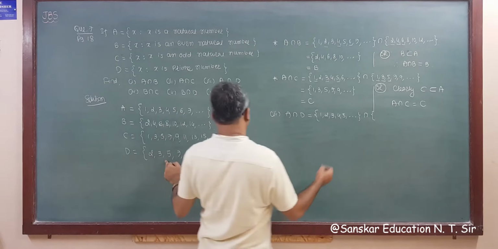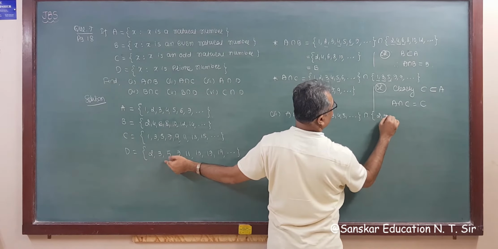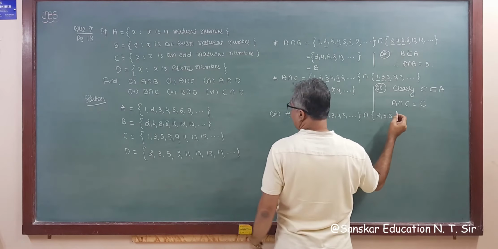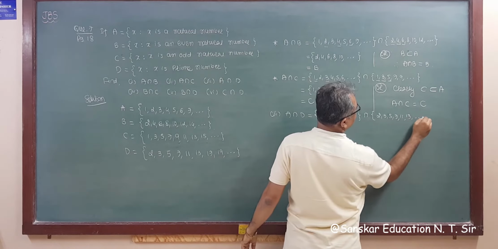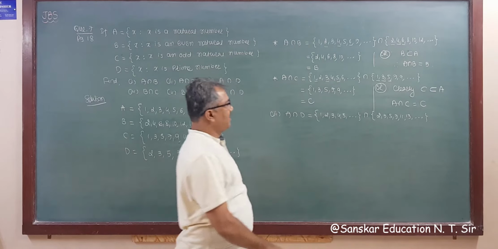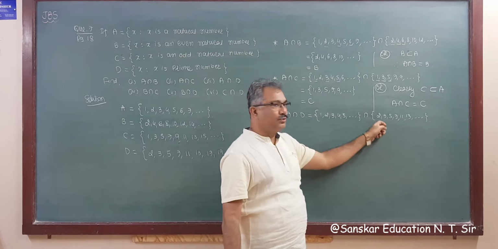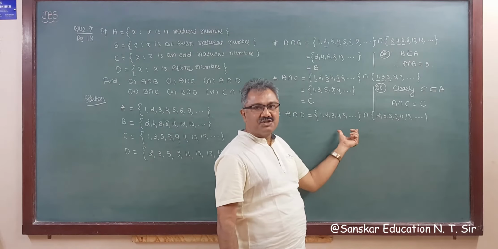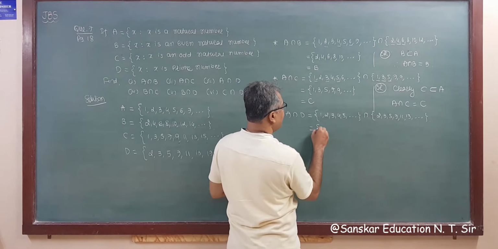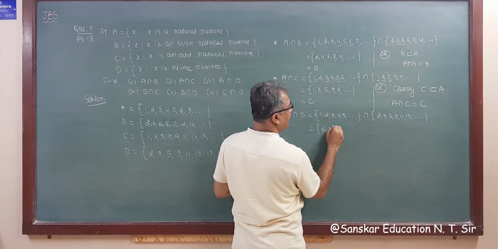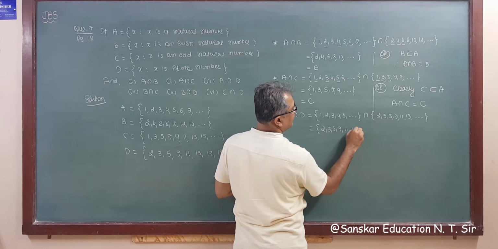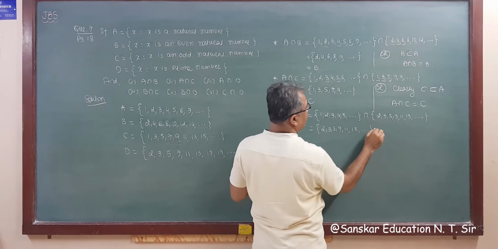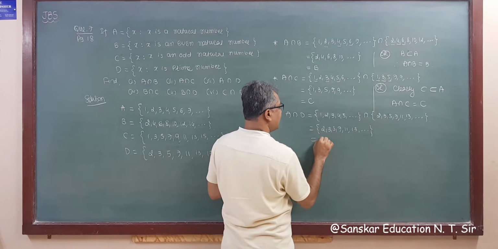So 2, 3, 5, 7, then 11, 13, and so on. So again 2 is here, 3 is also here, 5. So the intersection of these two sets is 2, 3, 5, 7, 11, 13, right? That is the set D. So the answer is set D.